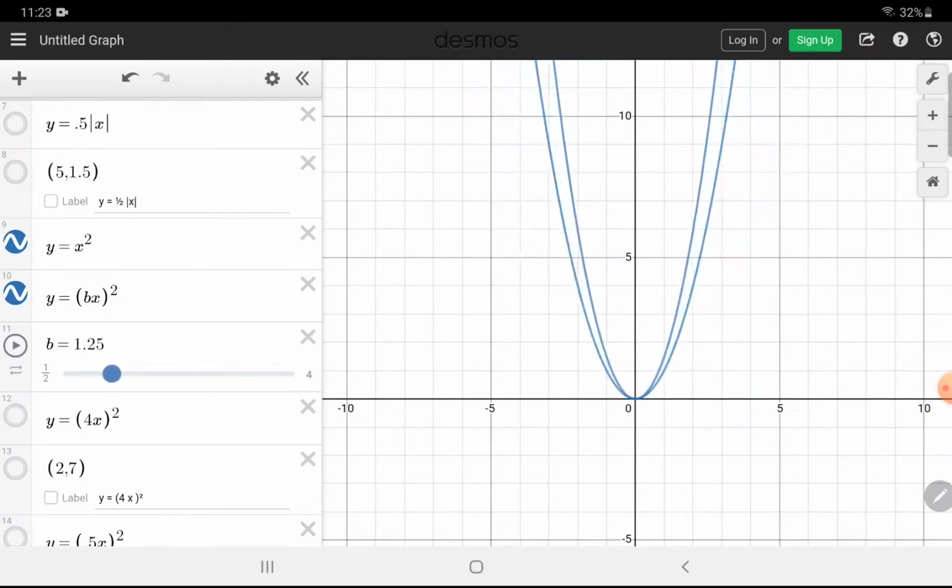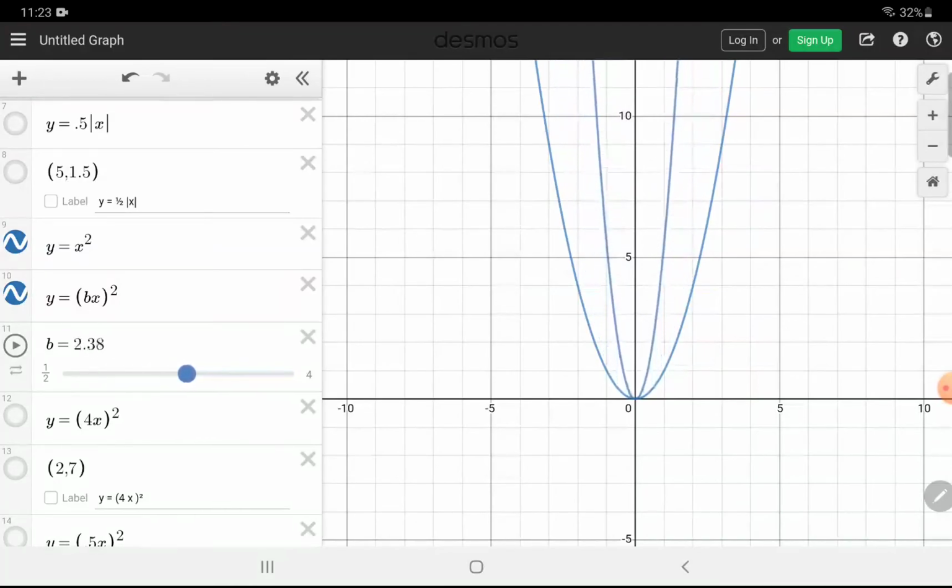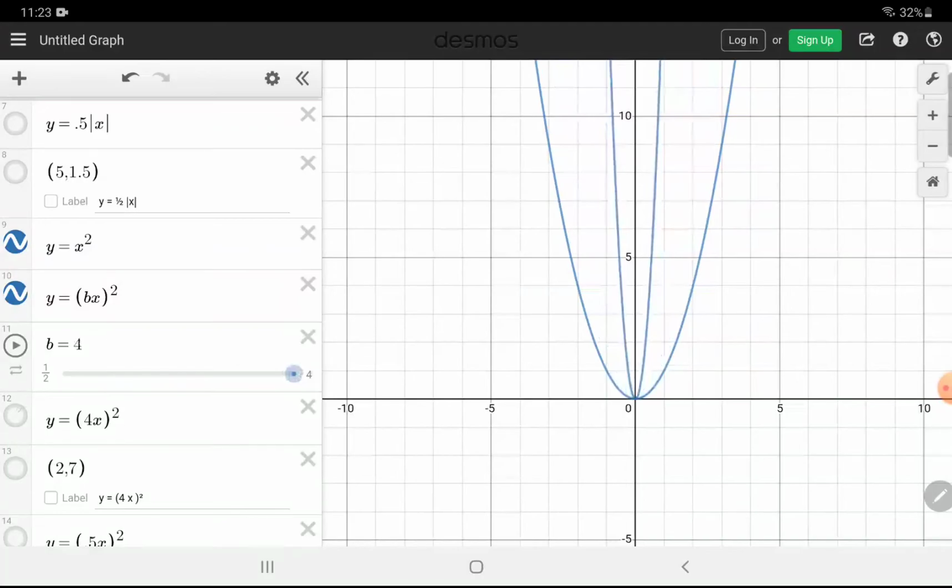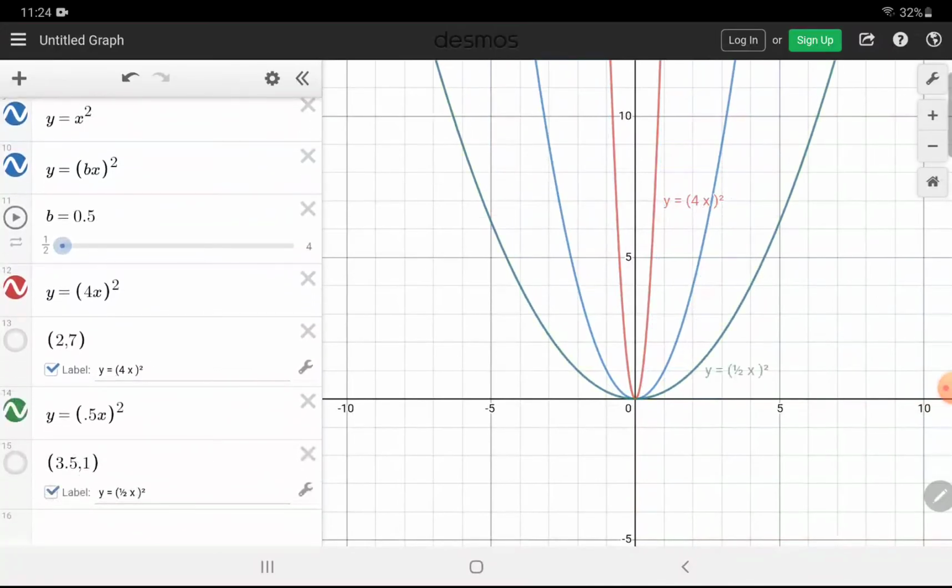Okay, so let's put all this together. What we have is when that b value gets larger and larger, we're going to 4x, right? Y equals (4x) squared. There it is. Okay, so this is the graph of y equals (4x) squared. And then now let's bring it the other way as well. And we're going to stretch this parabola all the way to y equals (half x) squared.